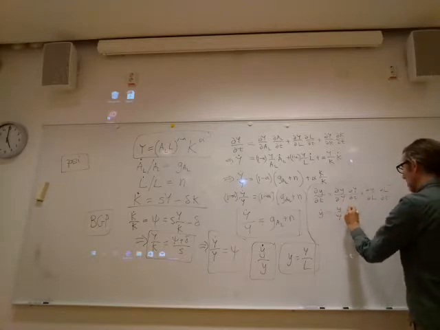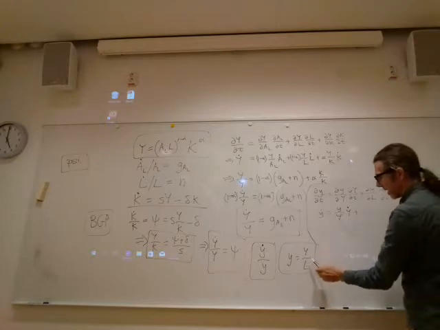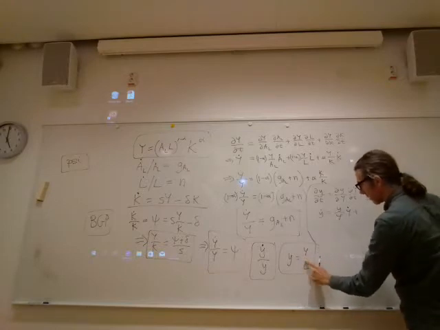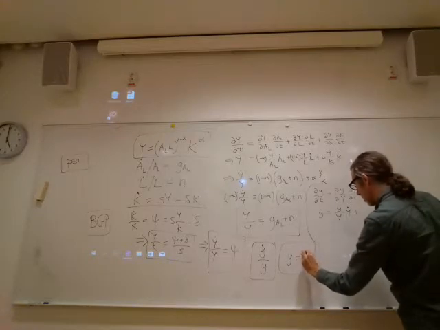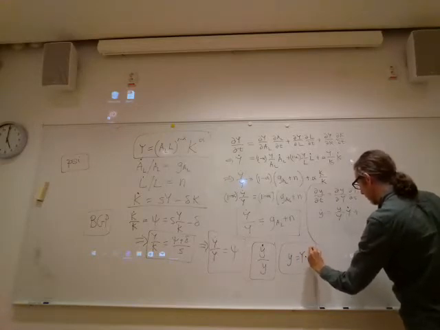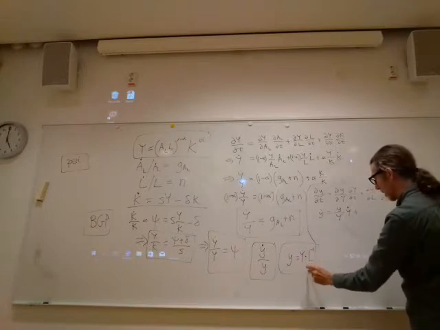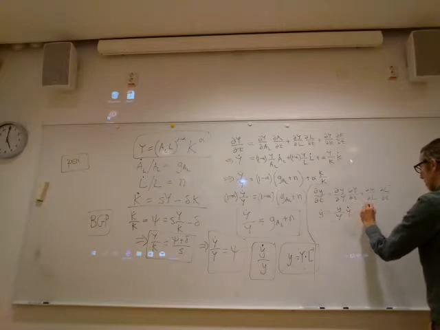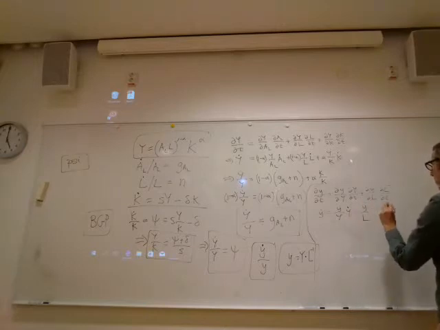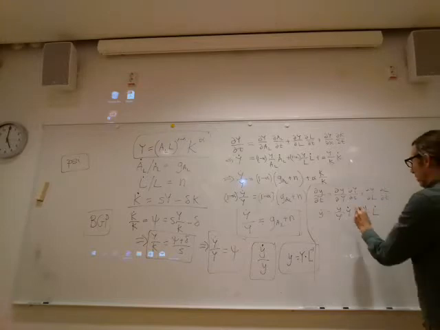dY by dt, that's Y dot. The little y by the L, this is L to the minus 1, isn't it? Let's write this as big Y times L to the minus 1. We got minus 1 times little y divided by L. So we've got minus little y over L times L dot.